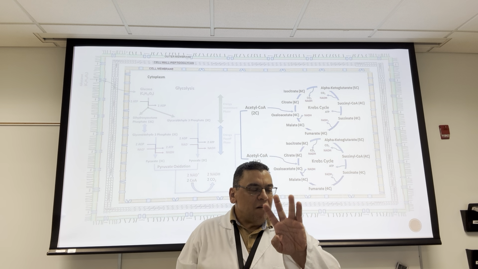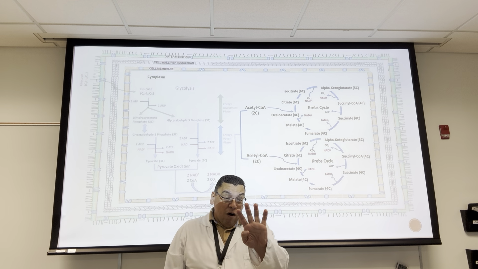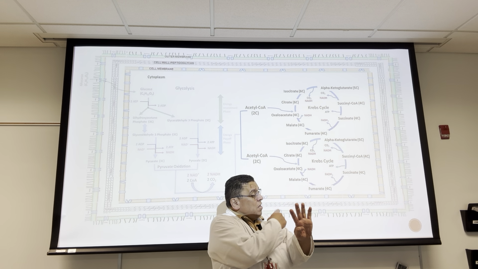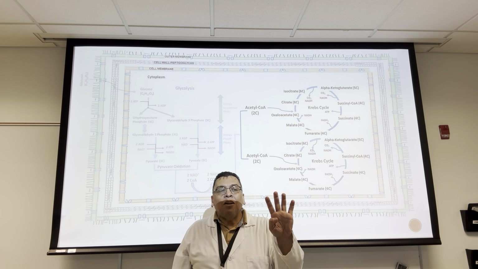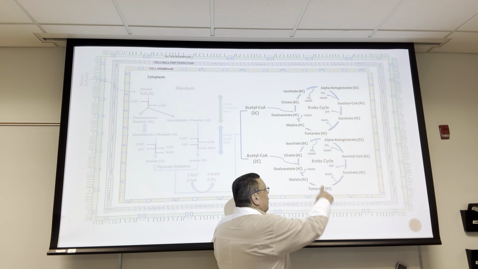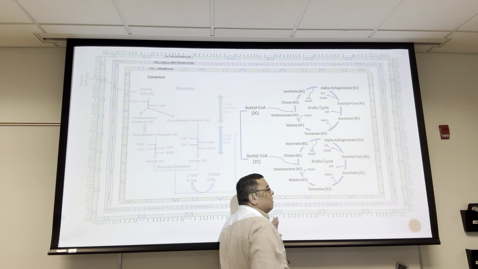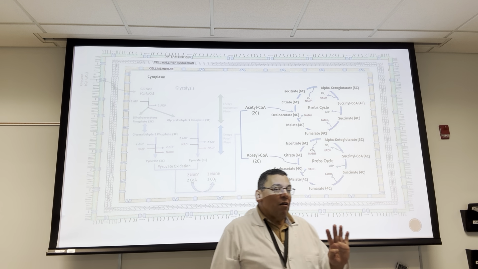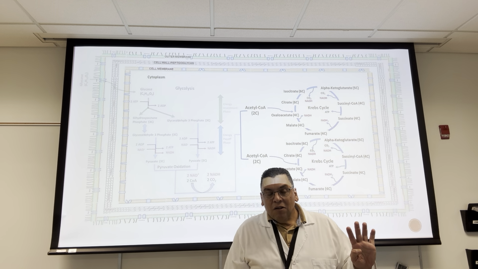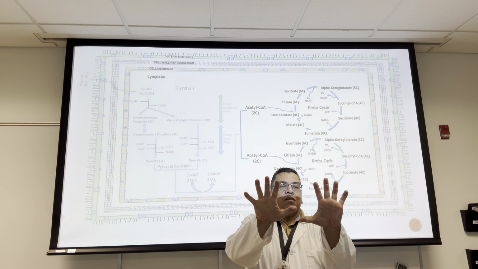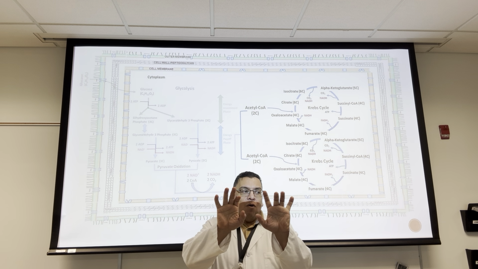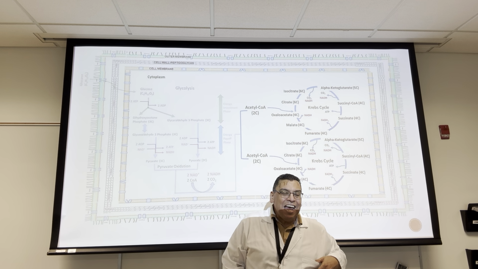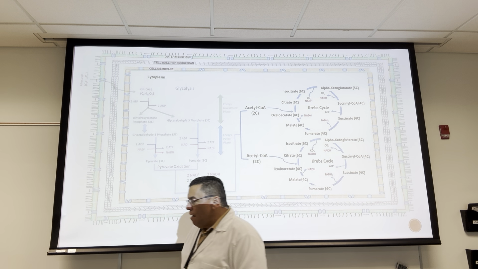Do you agree? That's 4. Per turn, you make 3 NADHs. Here they are. 1, 2, 3. That's per turn. But how many turns? 2. So you have 6. So that's a total of what? 10 NADHs.